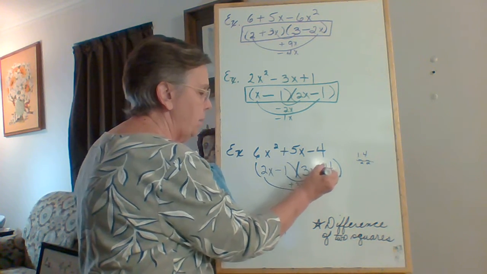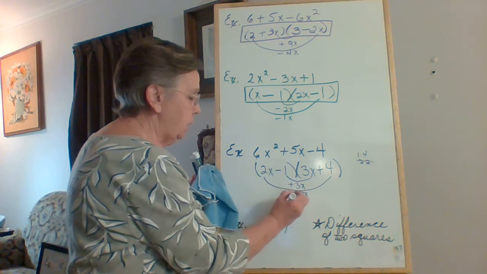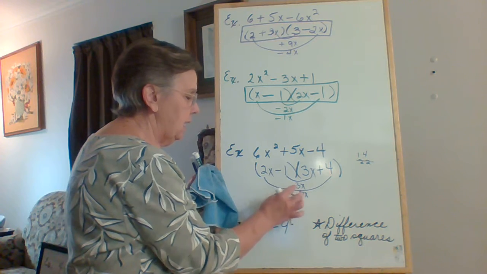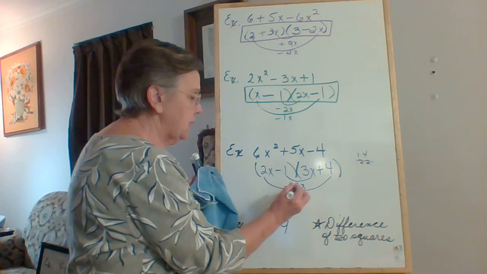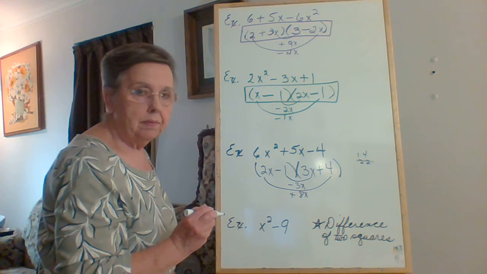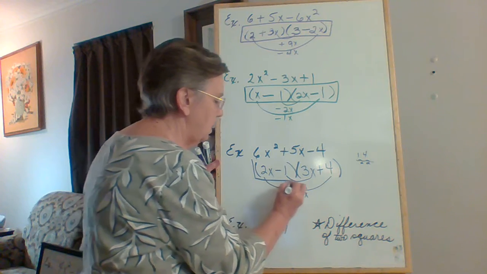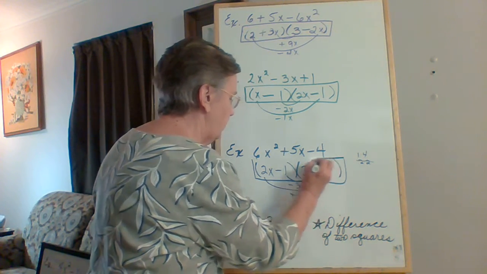This is a plus. So that gives me a plus 8x. A minus 3x gives me positive 5x. Here is my answer.